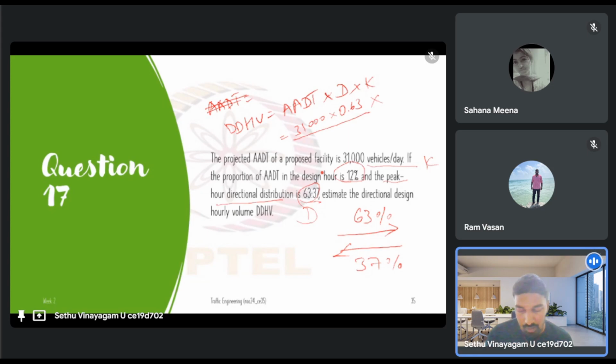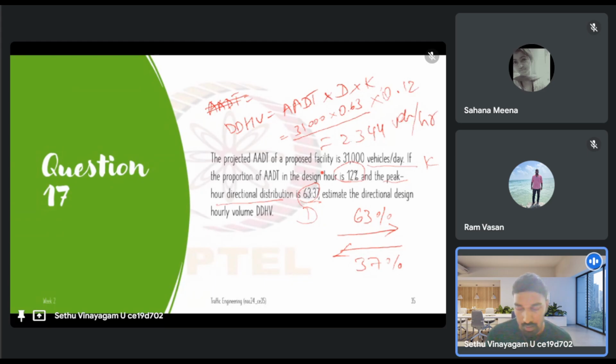For the peak hour, we need to use how much of this is flowing in the peak hour. That is given as 12%. So it is 31,000 times 0.63 times 0.12, which gives you 2344 vehicles per hour.